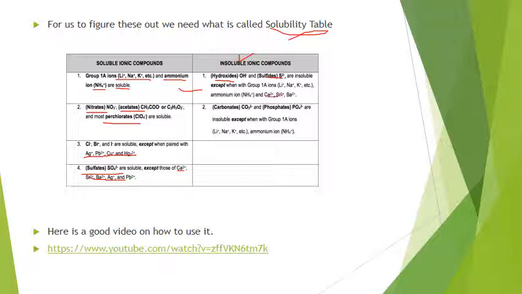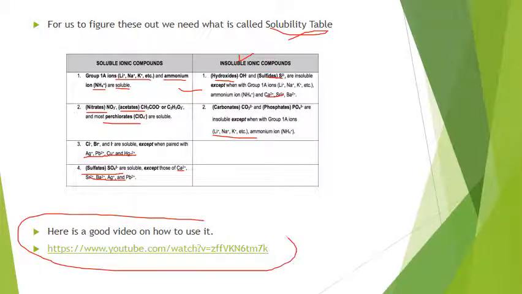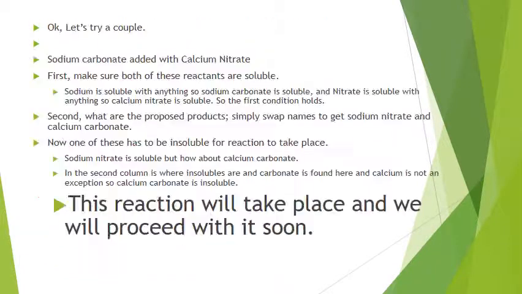And carbonates and phosphates are insoluble except when they're with these. Instead of reinventing the wheel, there are tons of videos on this, so here's one you can take a look at that shows you how to use the solubility table. This will be available to you when you're doing tests or homework.